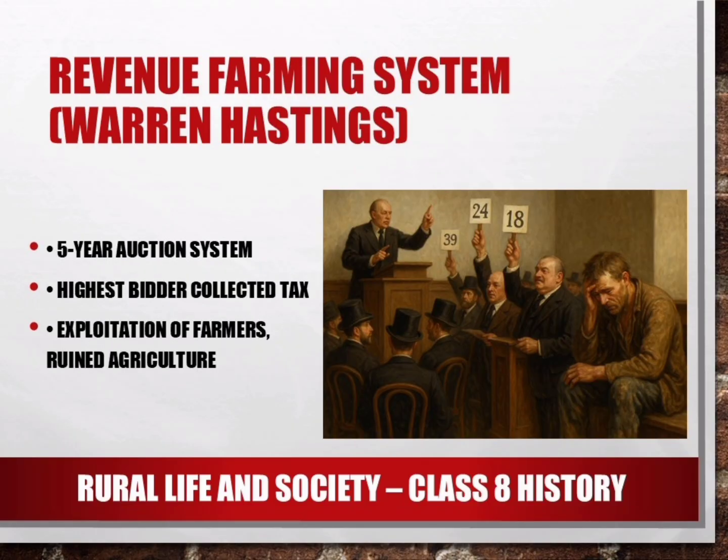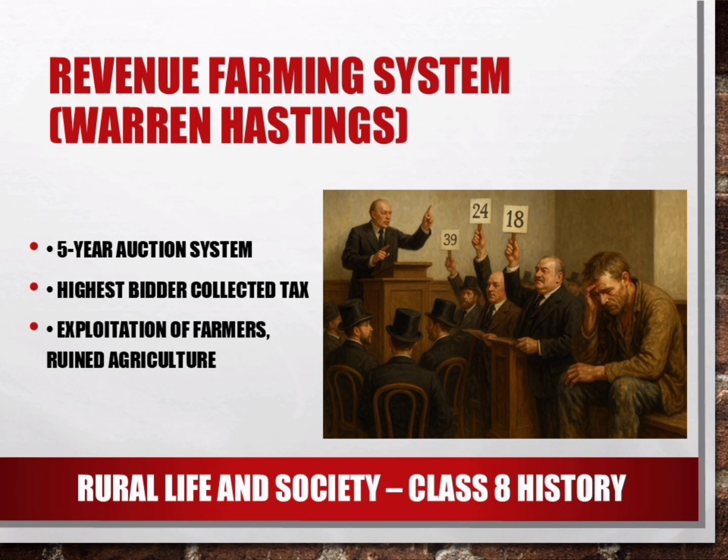Let's now talk about the revenue farming system introduced under Warren Hastings. In this system, the right to collect land revenue was auctioned to the highest bidder for 5 years. The problem was that many bidders quoted very high amounts just to win the auction, without considering whether the land could actually yield that much.